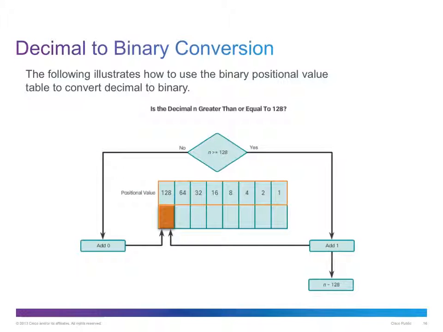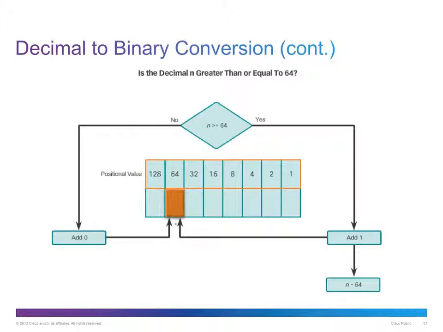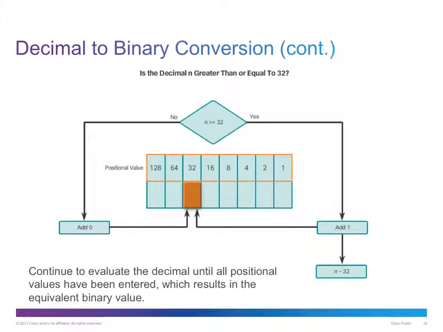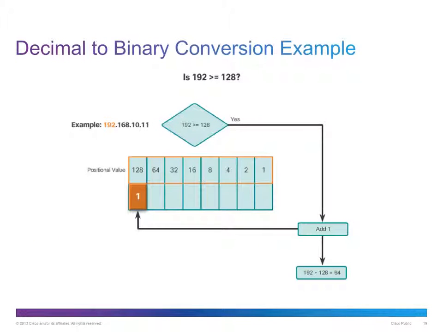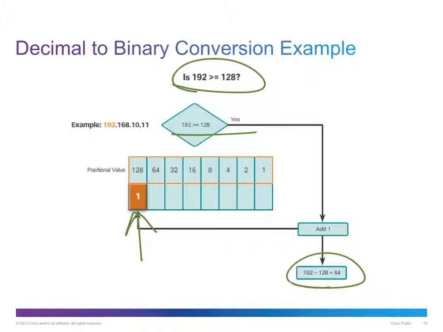And then to convert the other way, you're going to see how many 128s you can take out of whatever octet you're looking at. Get that first, and then see if you can take a 64. And you do that until you have all of the bits in there. So in the example we did here, 192, we took a 128 out, so we have a 1 there, we have 64 left.